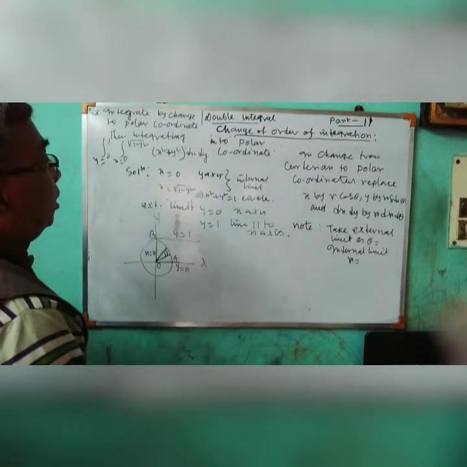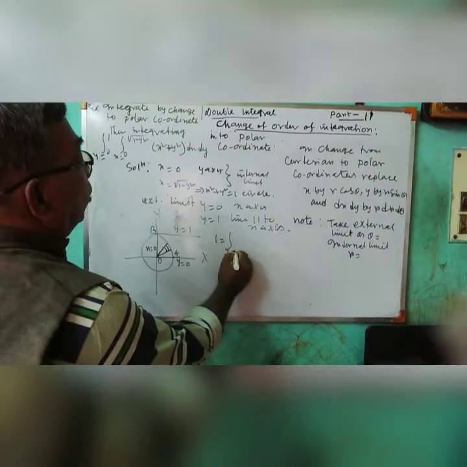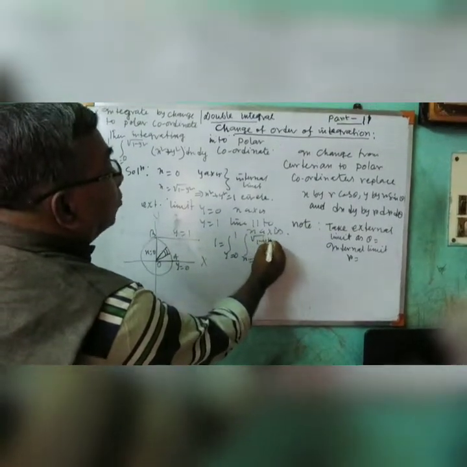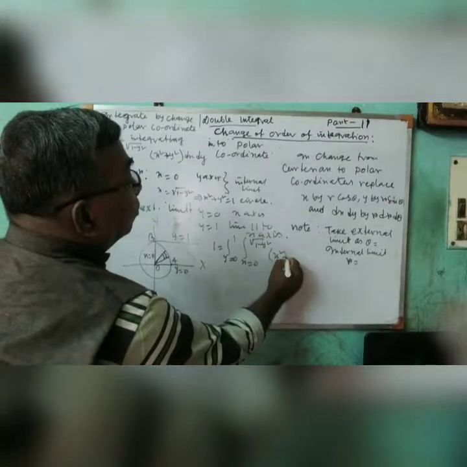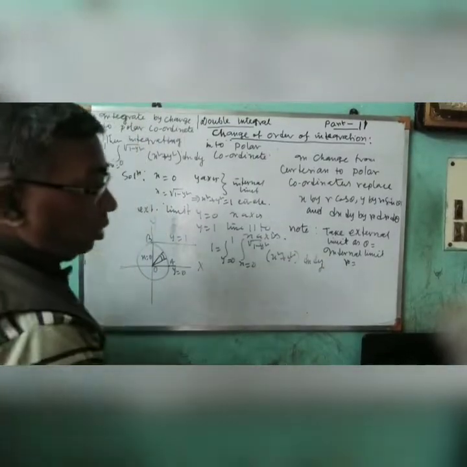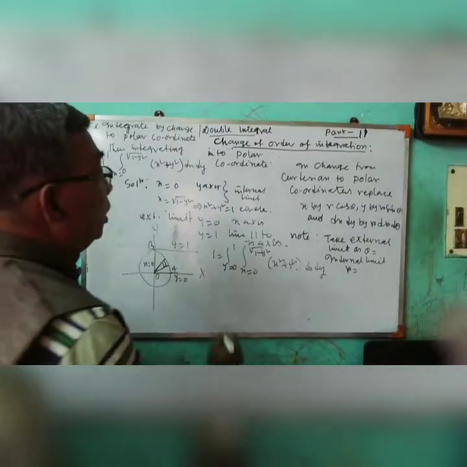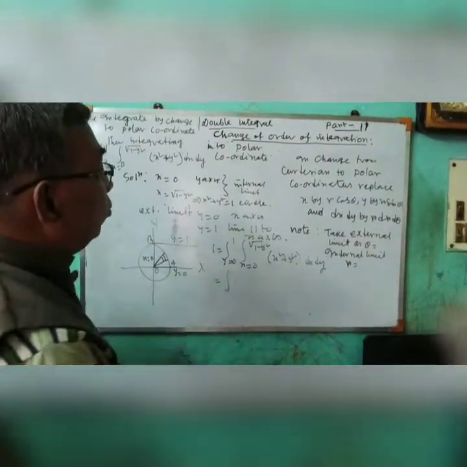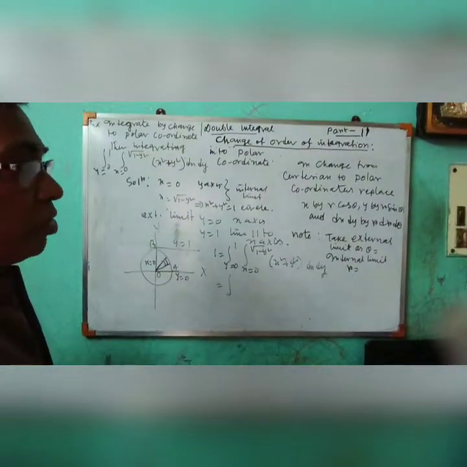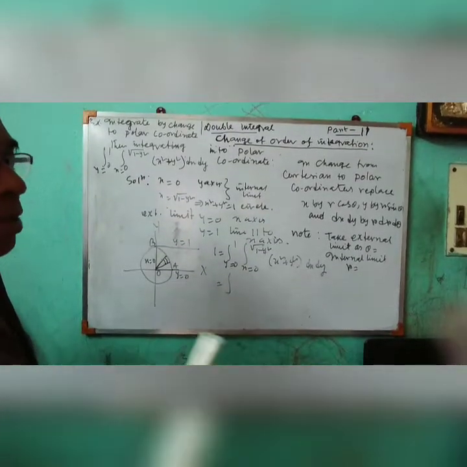So by changing the order of integration, I equal to integral y equal to 0 to 1, x equal to 0 to root over 1 minus y square, of x square plus y square dx dy. After changing into polar coordinate, the external limit will be theta, because in double integration the external limit is always constant.